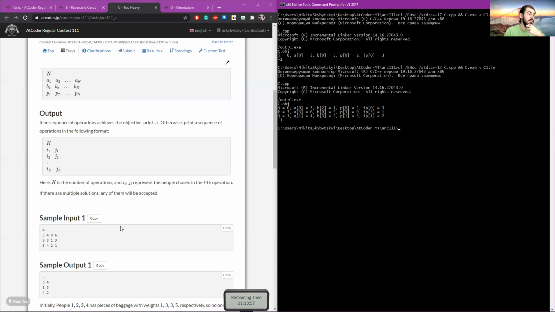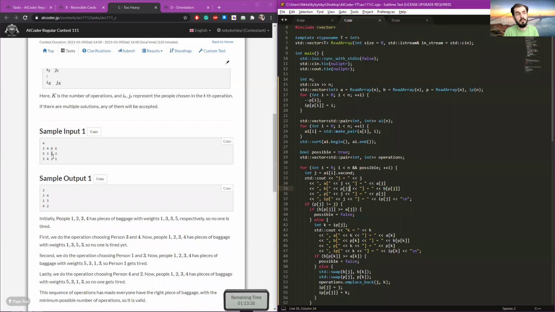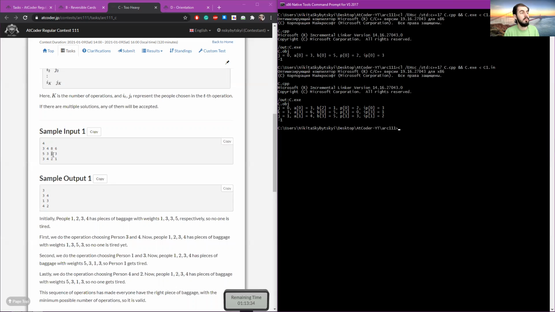Okay, so at the beginning we have person 0. We take it because it has the lowest weight and it holds baggage of weight 1. This is correct. Its current permutation index is 2 and inverse permutation is 3, which is correct because this is 1.